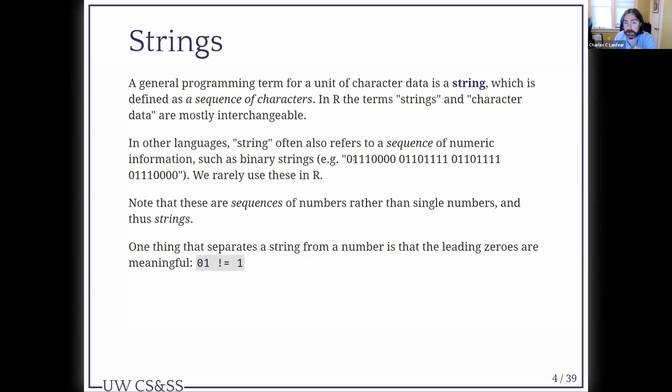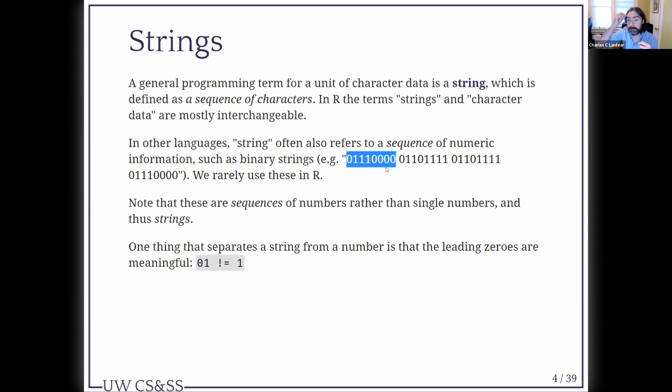With a number, you could cut this zero off and you'd have the same number, like 1,110,000 or whatever right here. But with a string, that leading zero conveys information. It's important. If you cut it off, it changes what the string is, okay? So if you have anything where a leading zero is in some way meaningful, it's not numeric data. It is a string of some kind.